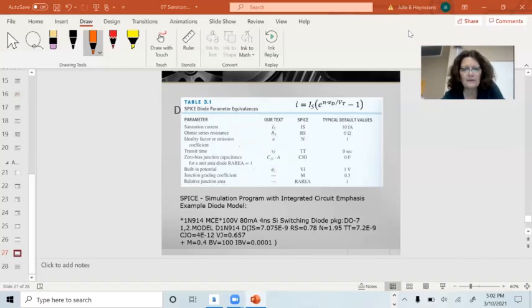Ideal capacitors have zero DC current flowing through them, only AC.